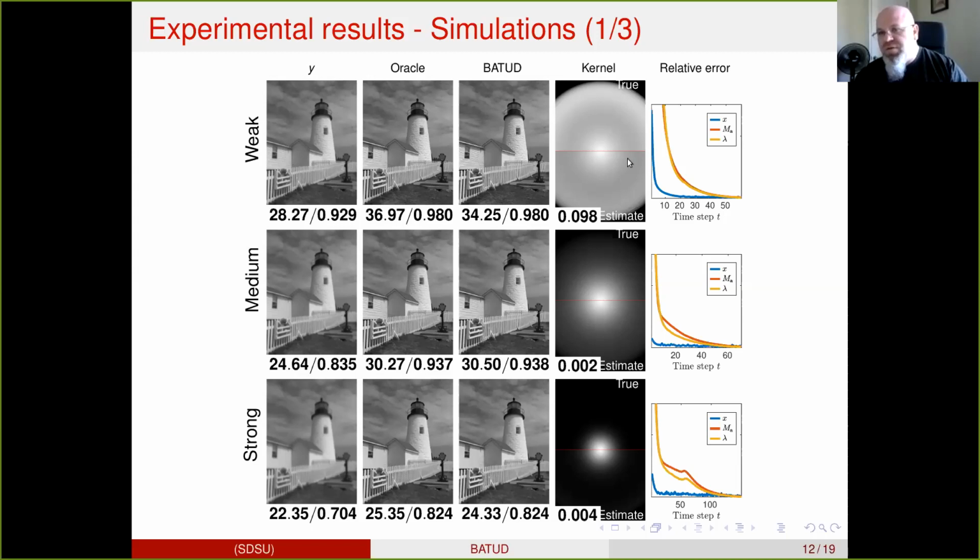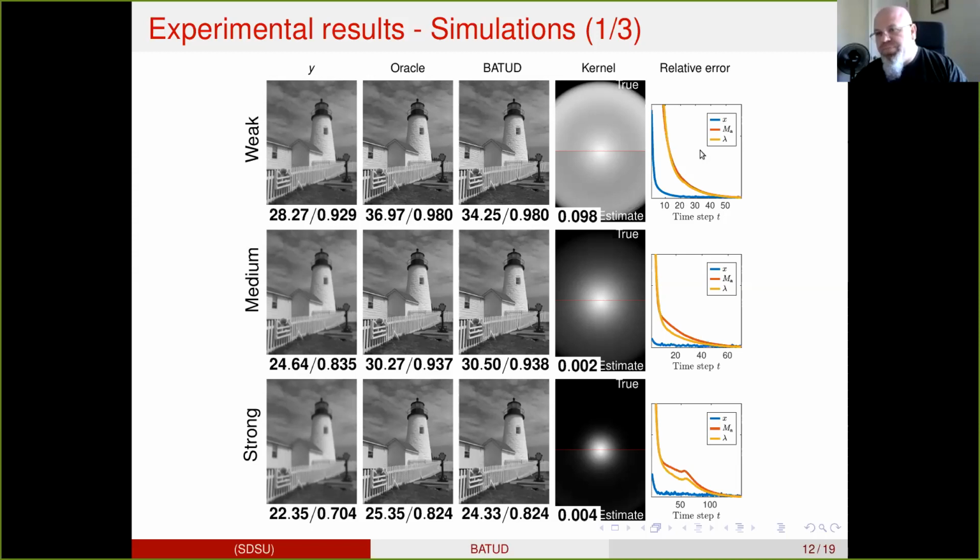And that number is basically the relative error between the two kernels. The expression is on the next slide. You see that those numbers are very small. So the estimated kernel is actually very close to the kernel that was used to create the blur, right? So that's pretty cool.